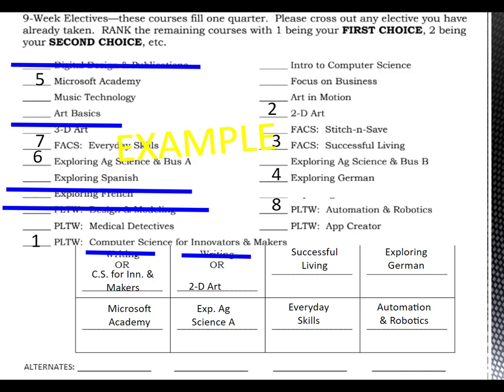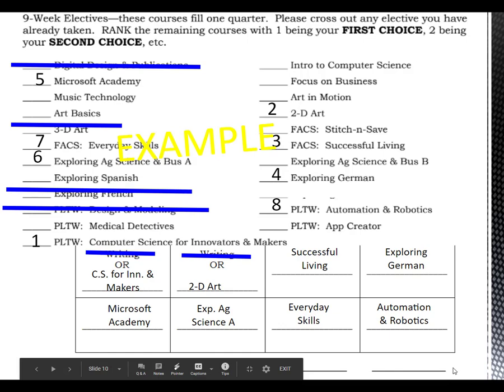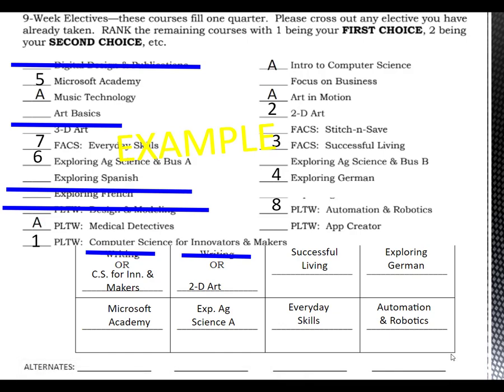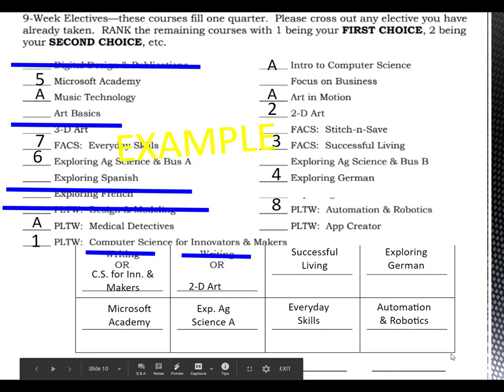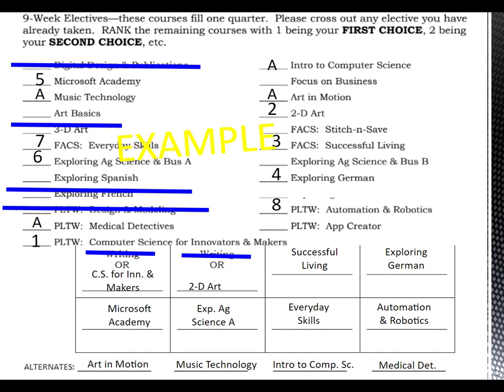On the back side of your sheet, you should have 4 blanks for alternates. So you're going to list 4 alternates by marking them with an A. These alternates are important because if you take, let's say, Advanced Band and Exploring French, and they're offered both 7th period, Exploring French will not be an option for you, and we need to have a backup plan.